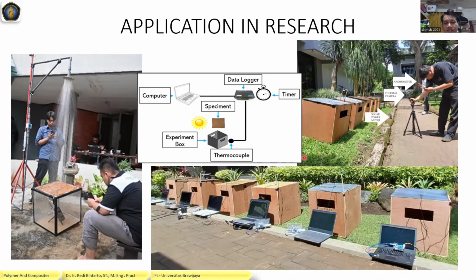And this is some application in research. I use some kinds of direction, unidirection, multi-direction, and random as roof composite, and we tried to test the result of the position of the fiber, and the result is different in the thermal conduction when they are tested in the measurement, in a thermal conductivity measurement tool.